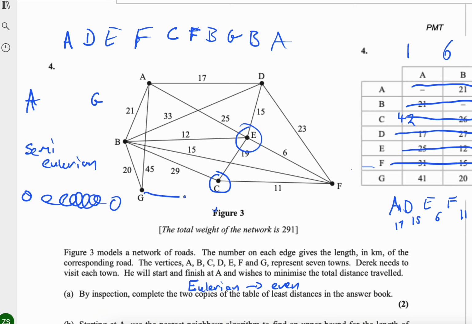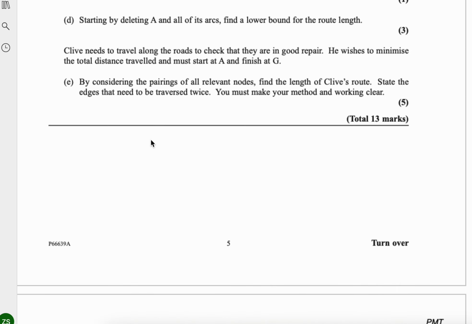If we did this, can you see how that would appear? Also, if I did this, making these two even and these two odd. Or I could have connected A to C and G to E. So I need to explore all of these options to find the smallest. So my 4 nodes are A, C, E, and G.